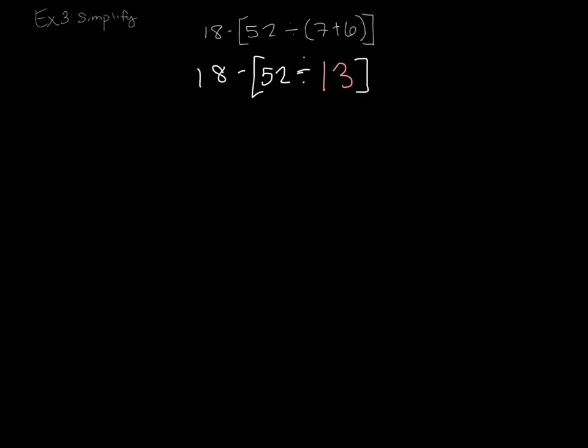Okay, so from here, we are going to look inside this grouping symbol, the brackets, because the 13 essentially got rid of the parentheses. All right, so now I have 52 divided by 13, which is 4, which brings us to our last step, 18 minus 4. 18 minus 4 is 14.